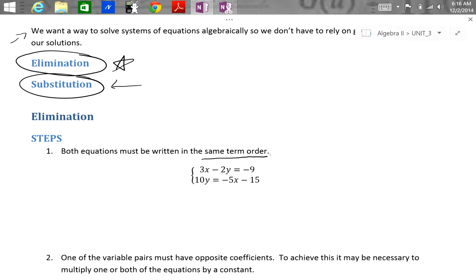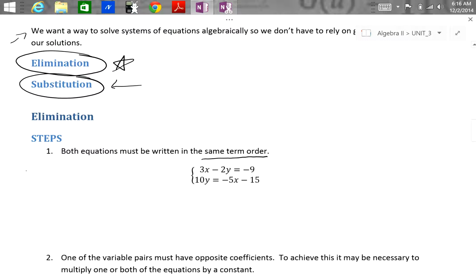For instance, this top equation is the x term, the y term, equals the constant term. However, down here we have the y term equals the x term plus the constant term. You can see that the terms are in different orders and in different locations in our equation. The best bet for solving by elimination is to put both equations in standard form.